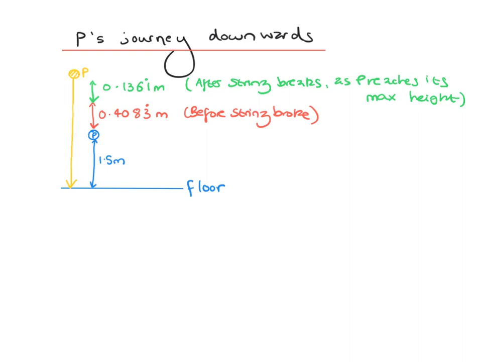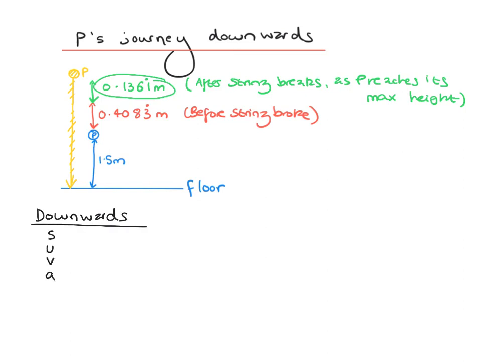If you recall, that's going to include the time taken for P to complete this journey and the time taken for P to complete this journey here as well. Now we already know the time taken for the green part of the journey, we calculated it previously. Let's now calculate the time taken for P to complete the yellow part of its journey. So I'll call this downwards.